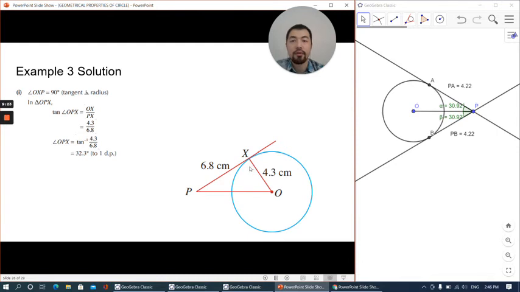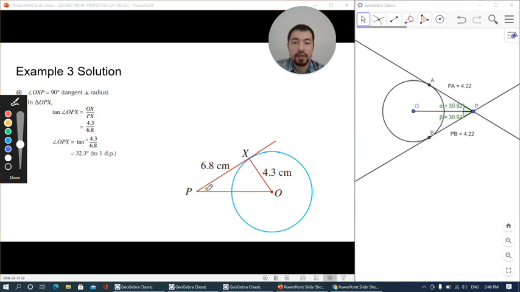What do we use here for the angle right over here? Tan, right? For tan, 4.3 over 6.8 equals tan OPX.